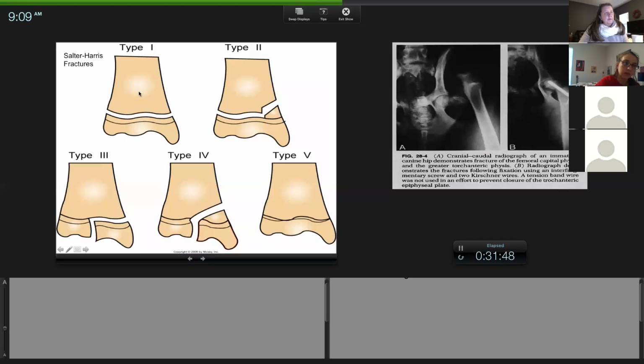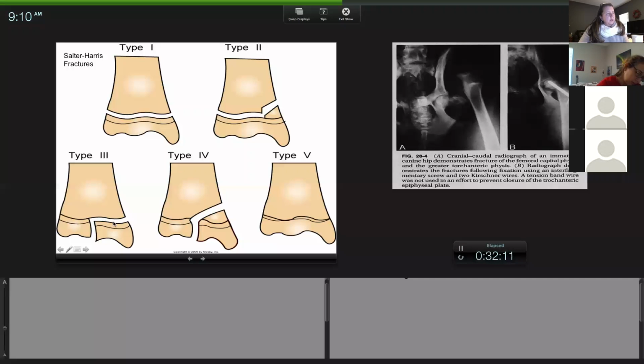Remember, the shaft is the diaphysis. So when I talk about physis, epiphysis, diaphysis, this is the epiphysis, this is diaphysis. Sometimes they call the physis this spot here, but this type 1 causes the fracture here. Type 2 goes into this diaphysis, okay?